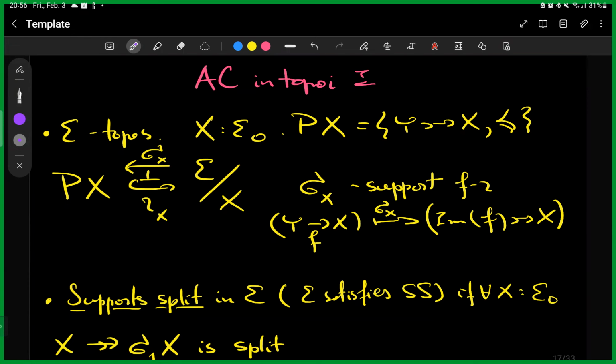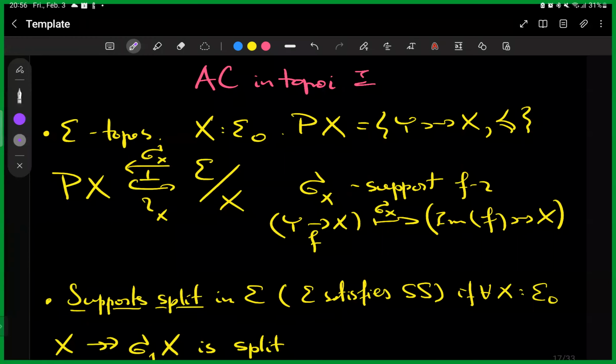But actually, we can formulate an axiom of choice categorically in very simple terms, saying something about sections of epimorphisms. And if you think about it a bit, that's precisely what we do in ordinary set theory when we say something about axiom of choice.